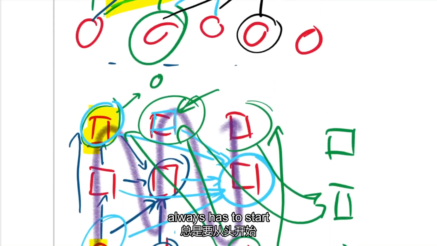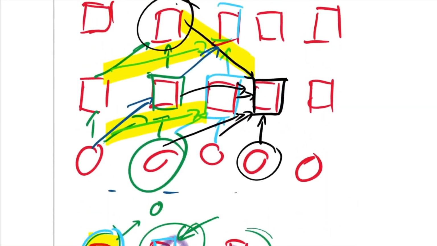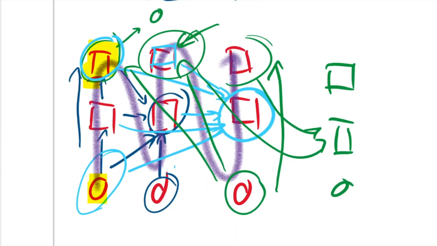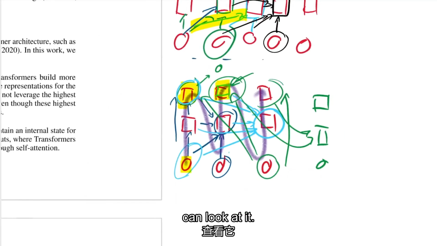The old transformer always has to start from scratch: okay, here's how the variable starts, here's where it's incremented, here I'm going to do an if condition. Whereas this transformer does the computation, and then it can store information in these higher layer representations, and all the next steps can look at it.